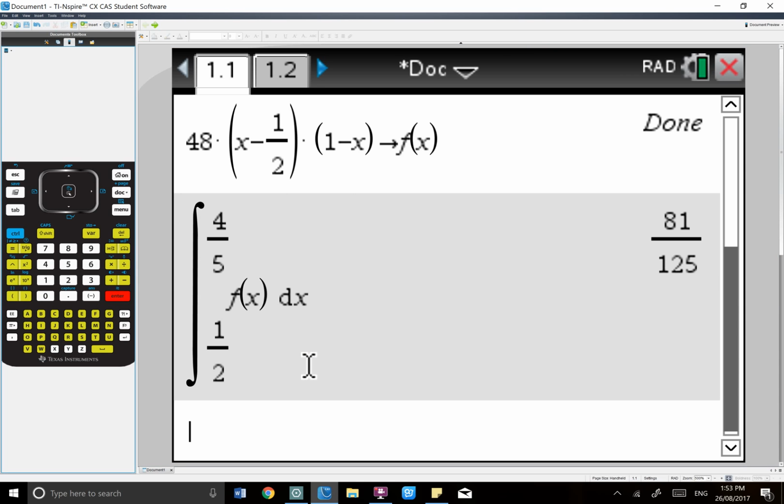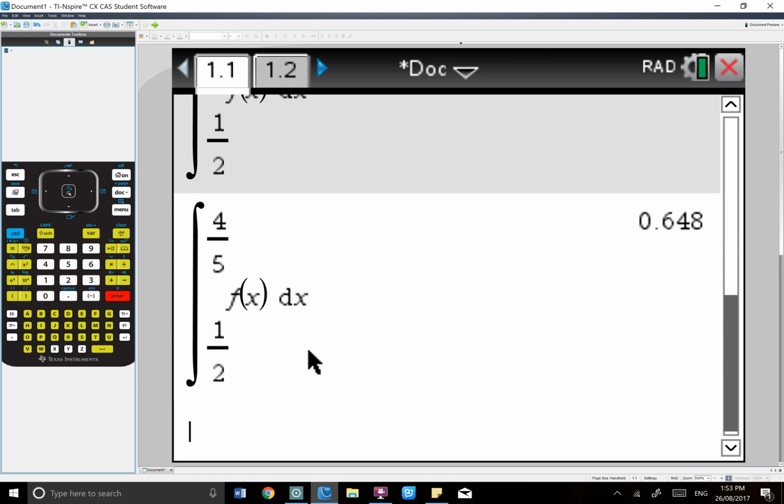Do you have that for the first one? 0.648.